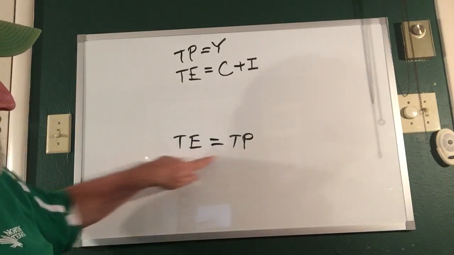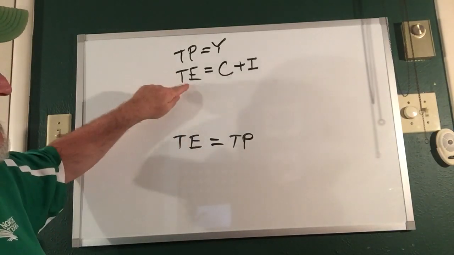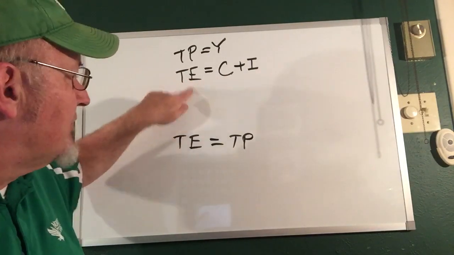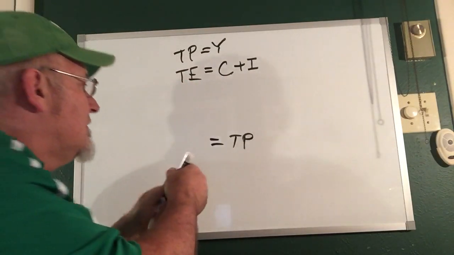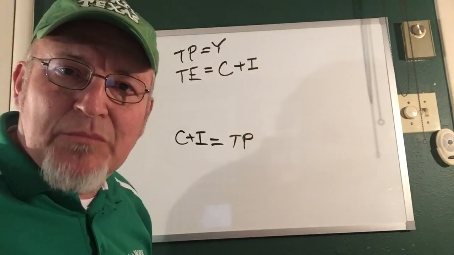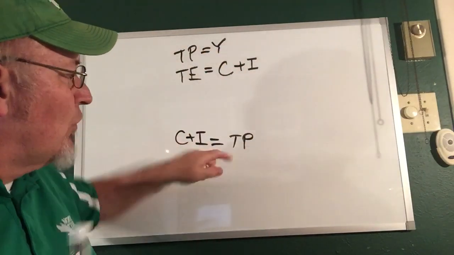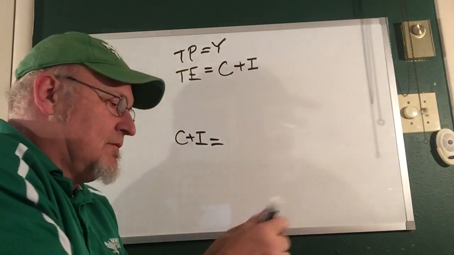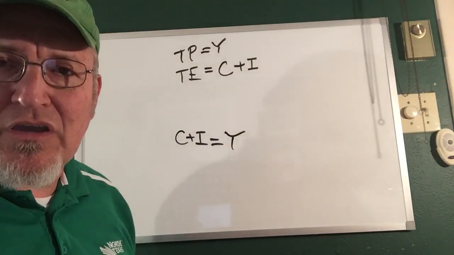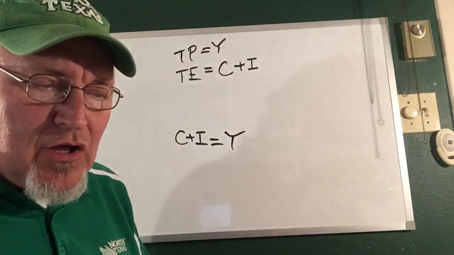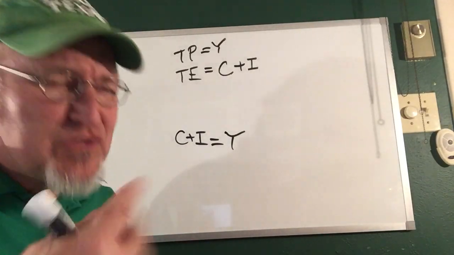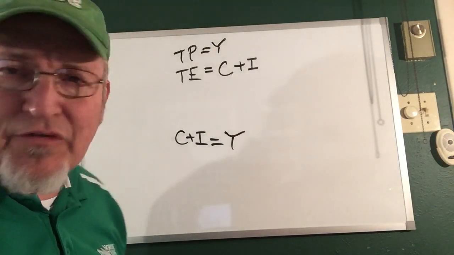So if this is the case we're looking for, all we do is substitute consumption plus investment for our total expenditure. And then on this side, we just substitute income for our total production. Then that's the equilibrium point for the economy, and that's where the most efficient and effective output for the economy is.